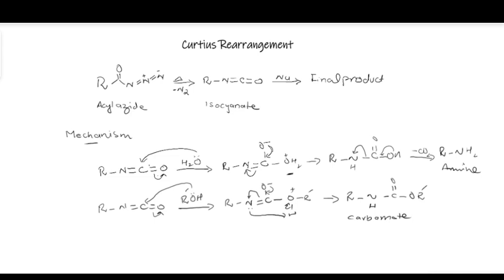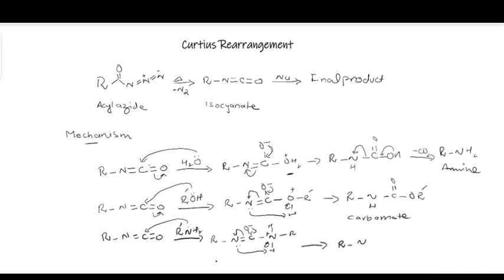This isocyanate can also be made to react with amines. So if it reacts with RNH2, for example, again the lone pair on nitrogen will attack the carbon here, and we will have the formation of this intermediate, which again will collapse back, taking this proton, and as a result we will have RNH, then carbonyl, and then NHR.